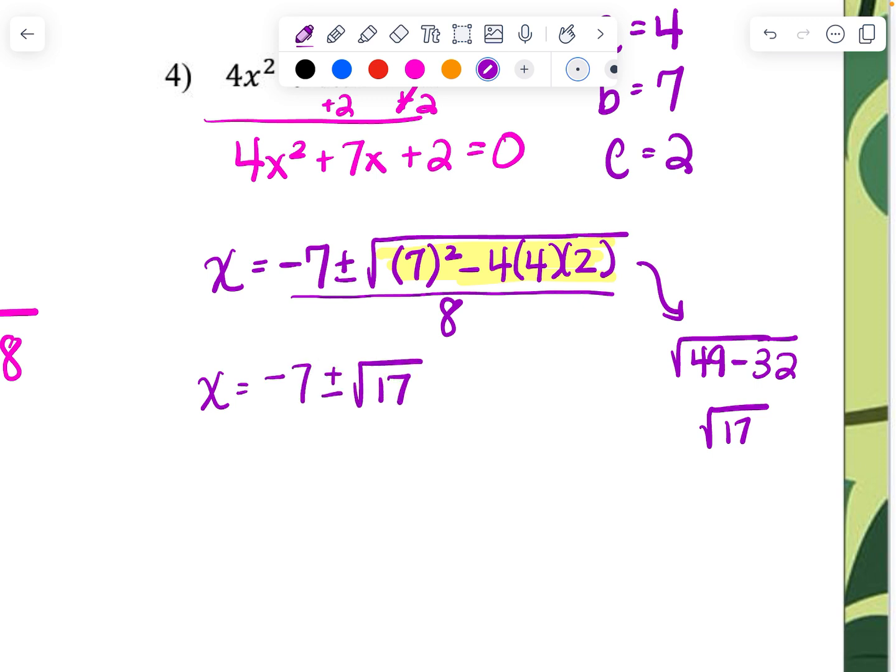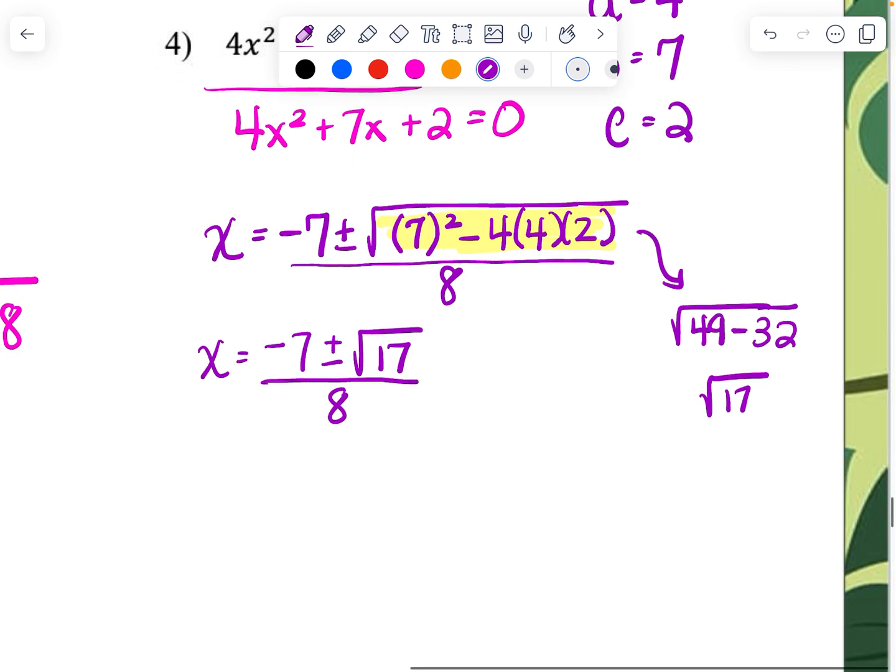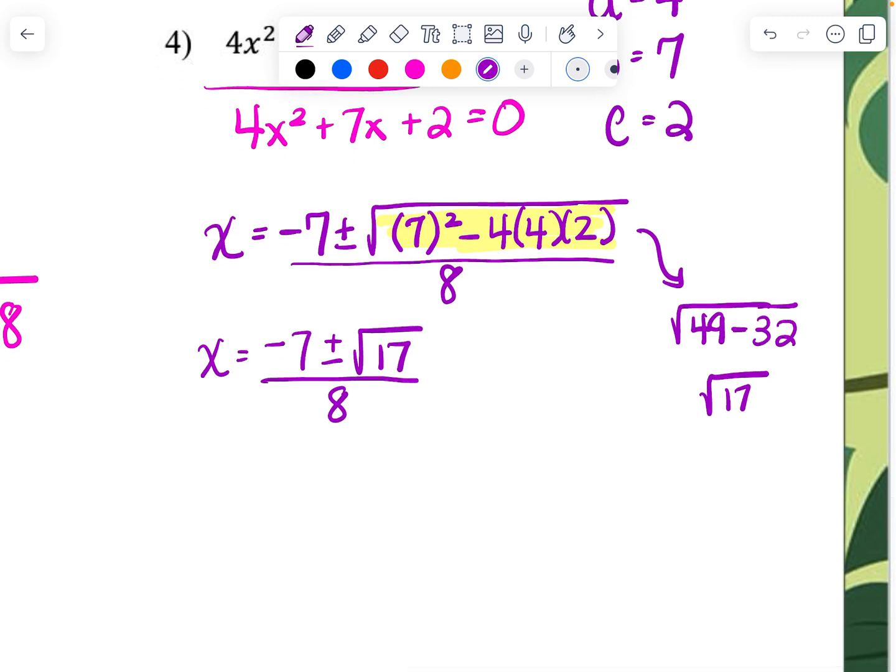I'm going to replace that whole mess with the square root of 17 divided by 8. And again, because 7 can't be divided evenly by 8, there's no common factors, and there is an understood 1 here, I could write that as negative 7/8 plus or minus the square root of 17 divided by 8.